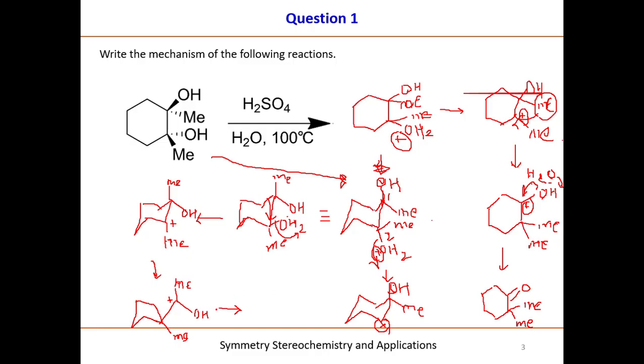Then deprotonation will take place here. First was the protonation, the last step is deprotonation. So deprotonation will take place here and the carbon oxygen double bond formation will take place to give the desired product, that is a ketone. 5-member product.